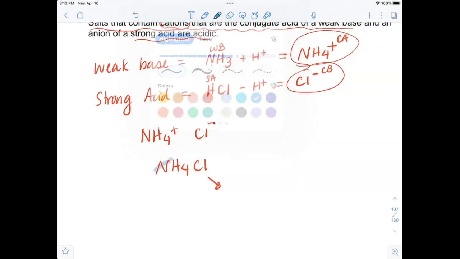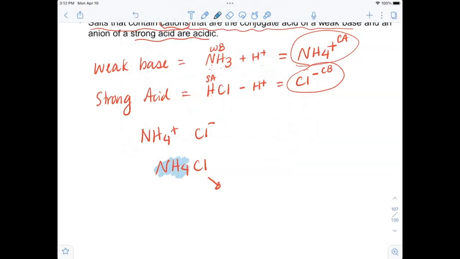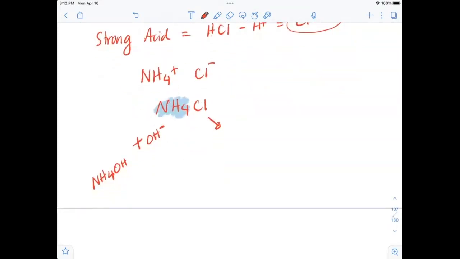Okay, so the ammonia part, this first part, comes from the base, right? So to get the base, you're just going to add OH, and you end up with ammonium hydroxide, which, if you subtract water, you end up with NH3.